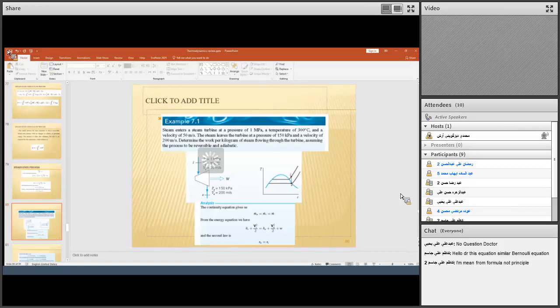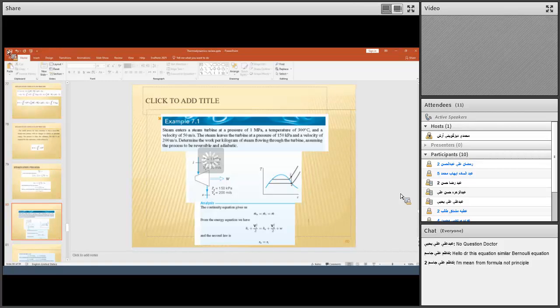What equations do we have? Continuity equation. We have only one inlet, one outlet. So mass flow rate at exit equals mass flow rate at inlet. The other equation is the energy equation, the first law of thermodynamics: enthalpy at inlet plus kinetic energy at inlet equals enthalpy at outlet plus kinetic energy at outlet plus work.